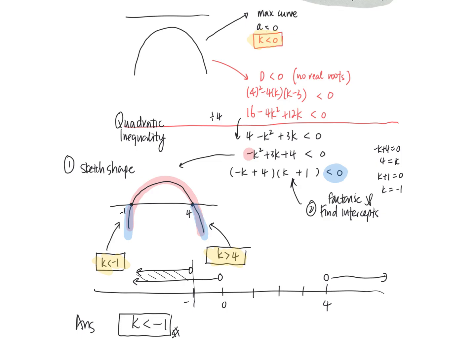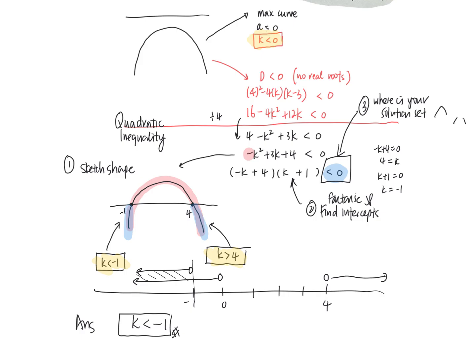Once you get that, you want to know whether it is above or below the line. So number 3, you want to know where your solution set is, whether it's the bowl or whether it's the two tails.